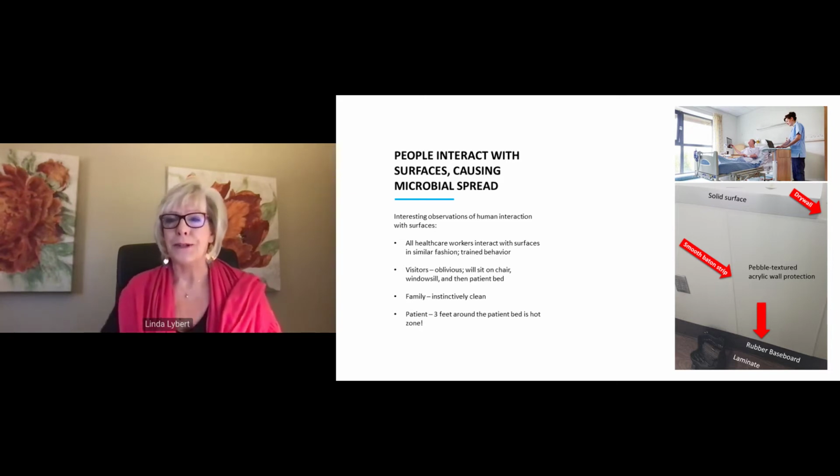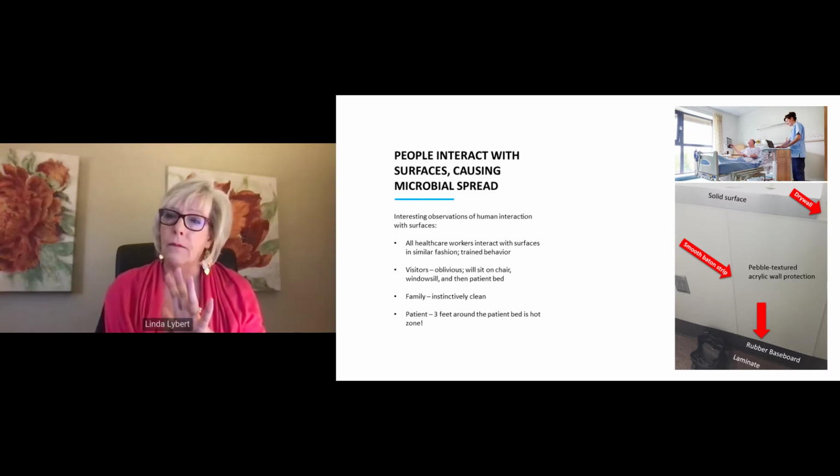The reason I'm telling this story is this area is just off of the foot of her bed. And you can see here multiple materials: solid surface, and it's a windowsill, by the way. Solid surface is the windowsill. And then you have drywall, and then underneath that, you've got an acrylic wall surface that has a pebble texture.